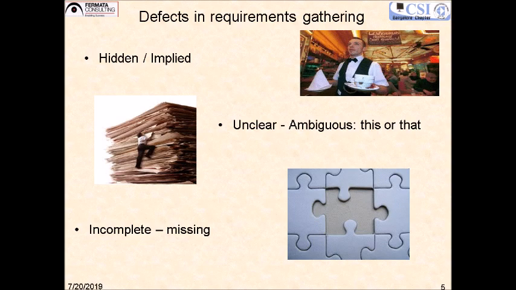We also come across another type of defect in requirements gathering called unclear requirements. They are ambiguous. It could be this way or that way. Let us take the same example of cup of coffee. When I ask for a cup of coffee, is the requirement clear? Most of you may say it's clear, but some feel it's not clear. And what is not clear?